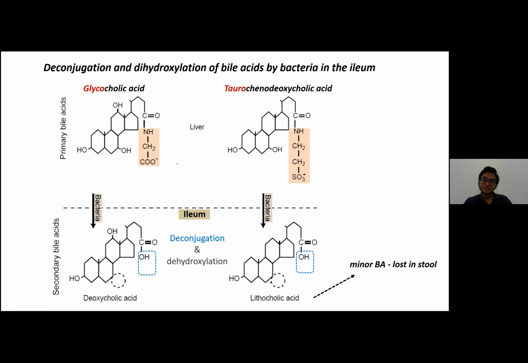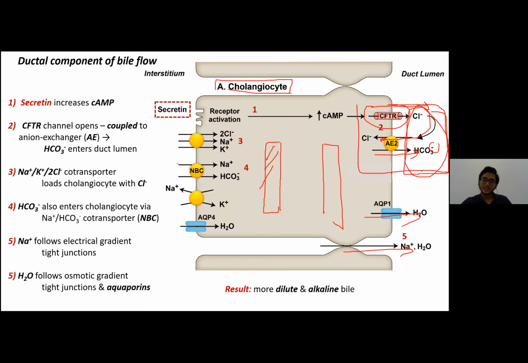Now you need to know this mechanism. Secretin binds to its receptor on the surface. Secretin increases bicarbonate secretion. So secretin binds to a surface receptor. This increases the luminal CFTR channel, which increases the chloride you're putting into the lumen.